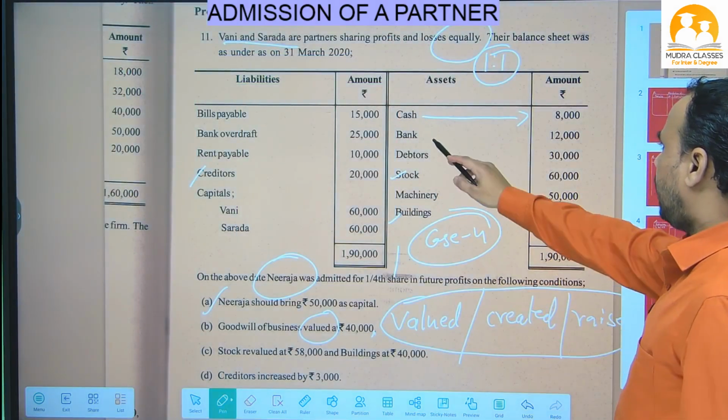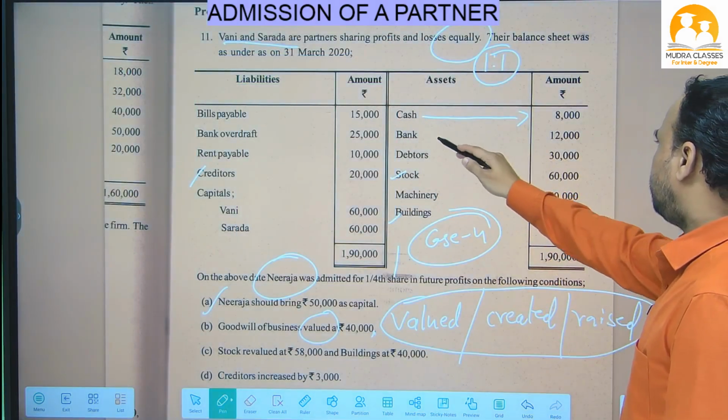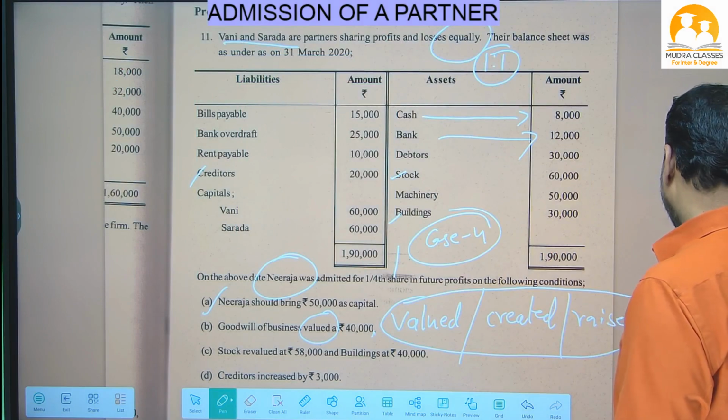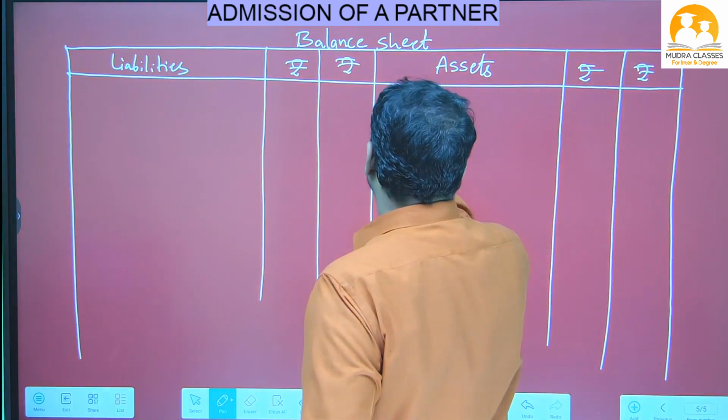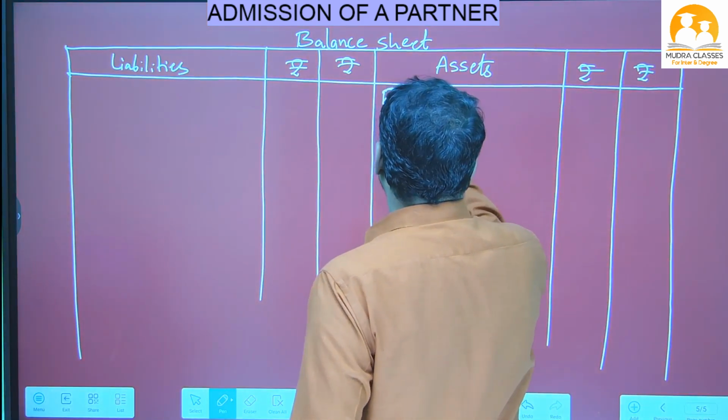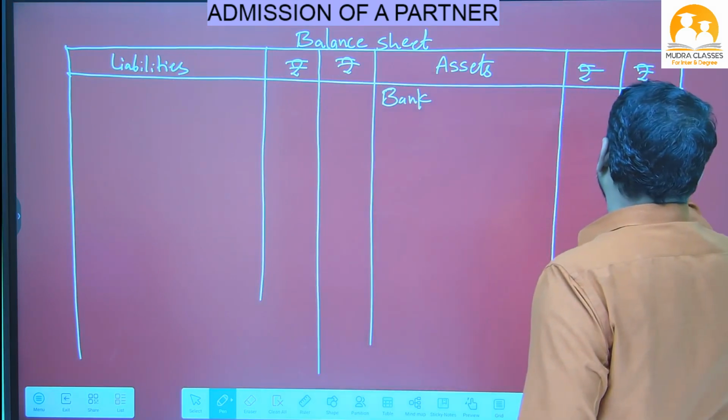The next item given is bank balance. As it is, we have to write it on the balance sheet asset side, bank 12,000 in the outer column.